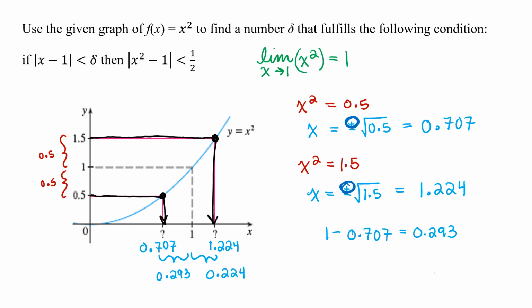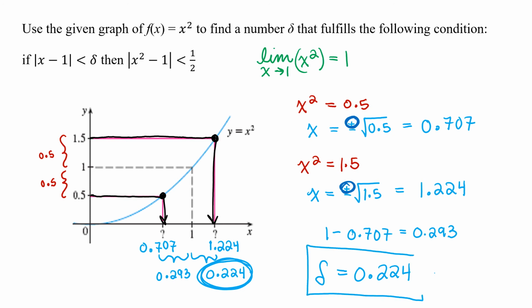And we just want to take the smaller distance, which is that 0.224. So delta is equal to 224 thousandths, that's 0.224. So as long as we're inside that band, we know that we're guaranteed to land within our error bounds as well.